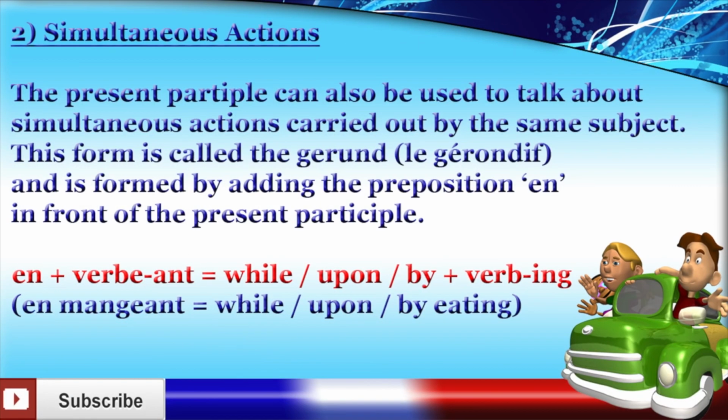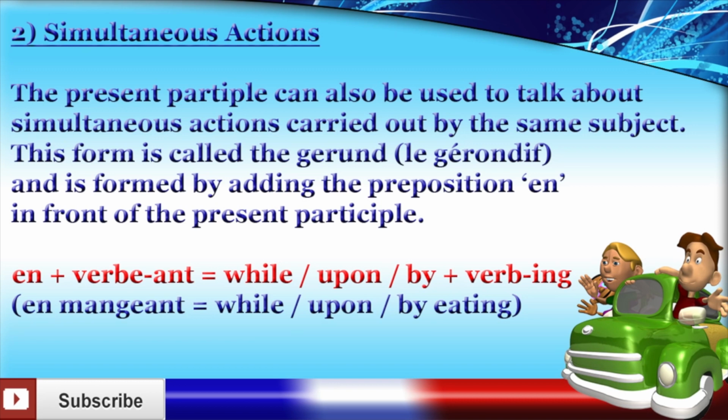When used as a verb, the present participle can also be used after en to talk about simultaneous actions. This use of the present participle is called the gerund, le gérondif, which can be a whole lesson all of its own.